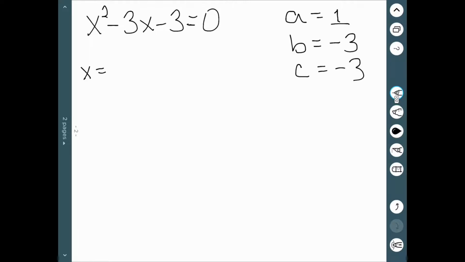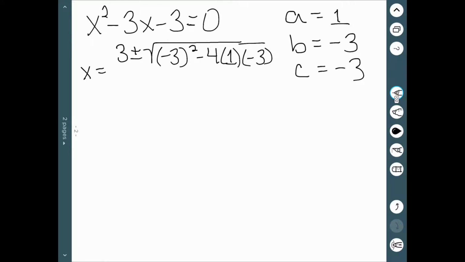So the quadratic formula says negative b, so negative negative 3, that's just positive 3, plus or minus the square root of b squared, so negative 3 squared, minus 4 times a, which is 1, times c, which is negative 3, all over 2 times a, which is 1. And from here we can just do some arithmetic.